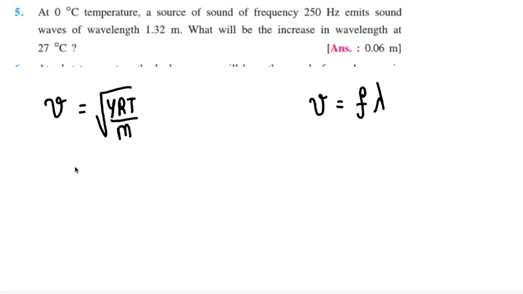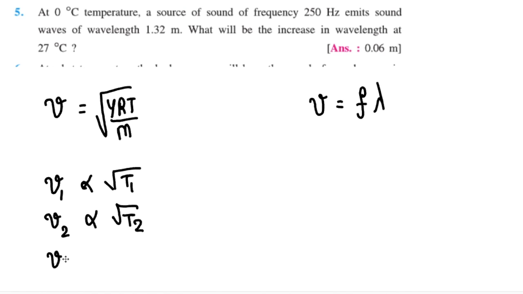Now if I change the temperature, let us say mass is constant, R is constant, gamma is constant. For temperature 1, I can say that my V1 is proportional to root of temperature 1 and my V2 is proportional to root of temperature 2.